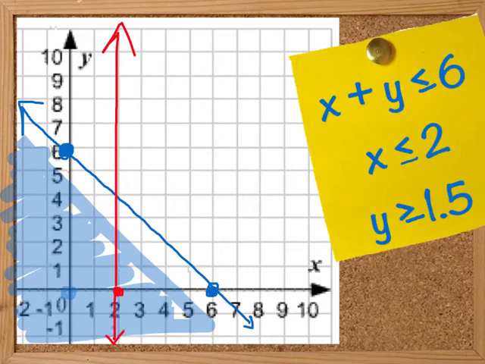So it looks like that. And it says less than 2. So I'm going to go ahead and, again, use my point 0, 0. Is 0 less than 2? Yes, it is. So my solution is going to be over here, including 0.